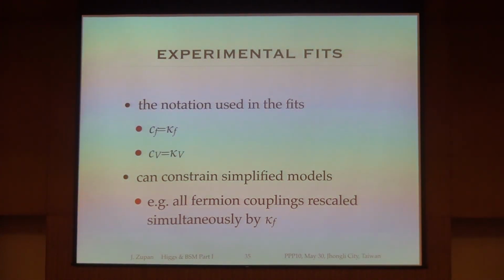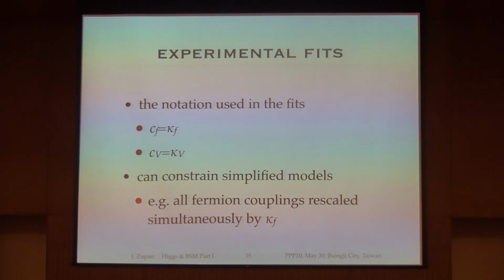So what you can do is constrain simplified models. If I change one of these couplings, there's a correlated change in the cross-sections and the decay widths. If you want to get the most out of the data, you want to take this correlated change into account.